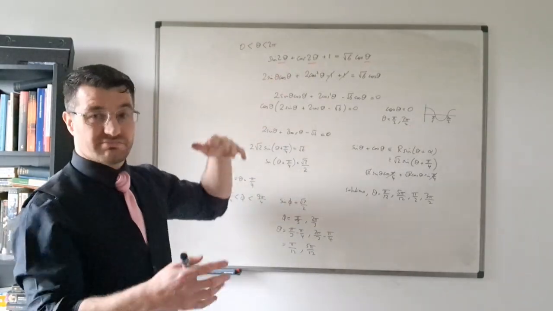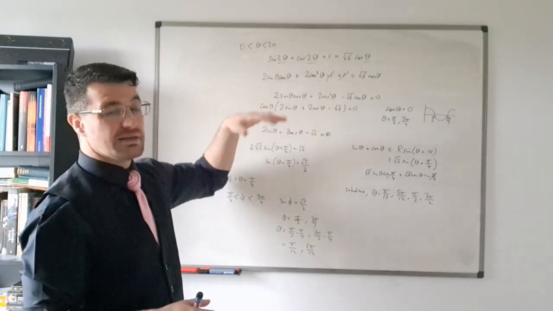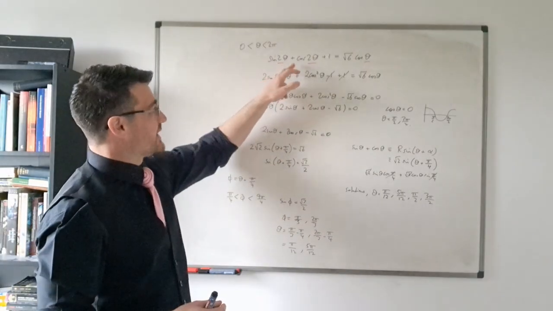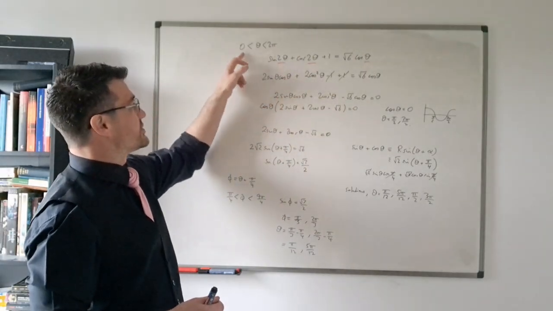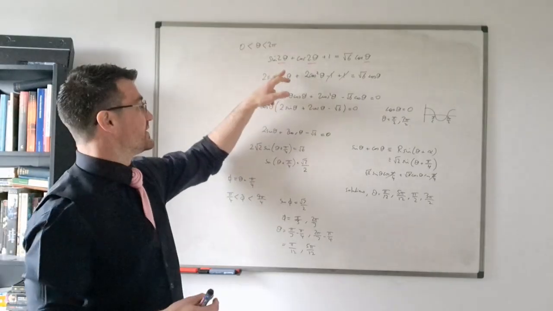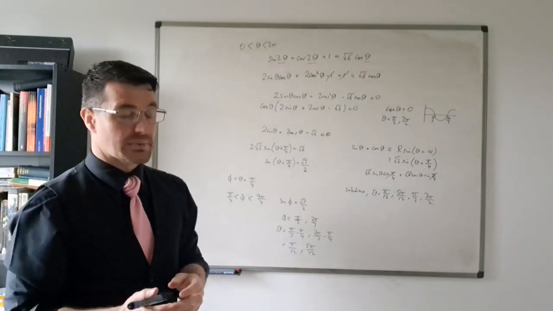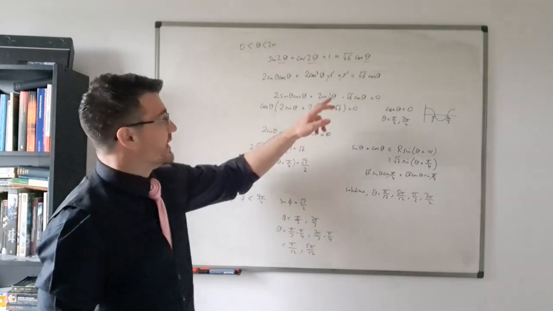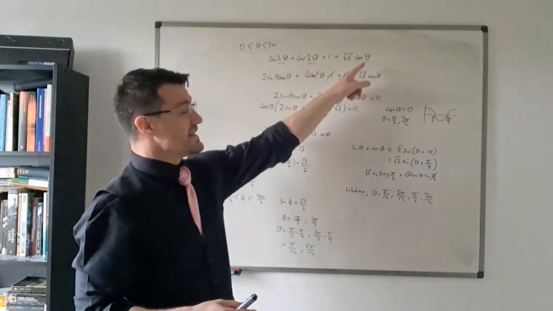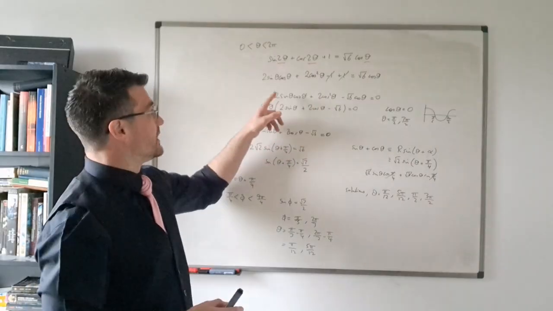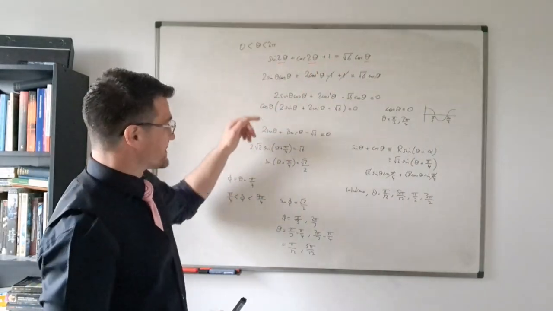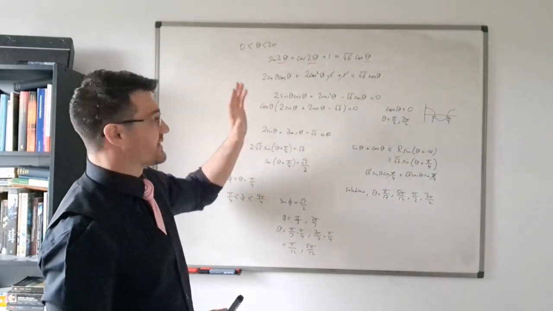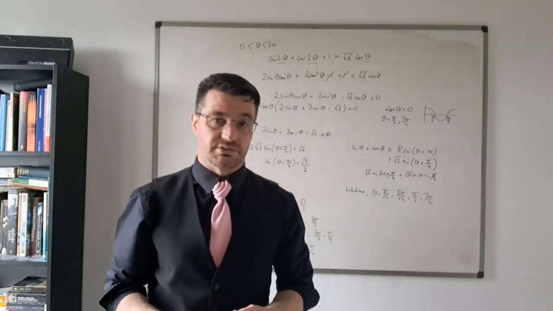There could be fewer than 4, but typically I would expect 4 solutions in a 2 pi range, when you've got an equation that involves 2 theta. In the same way that if the equation just involved theta, and no powers of sine or cos or anything like that, then you might only expect 2 solutions.